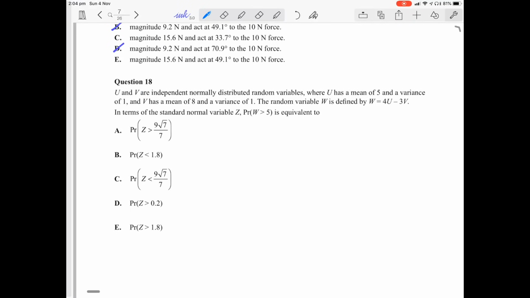Okay, you want to be normally distributed. U has a mean of 5 and a variance of 1. V has a mean of 8 and a variance of 1.